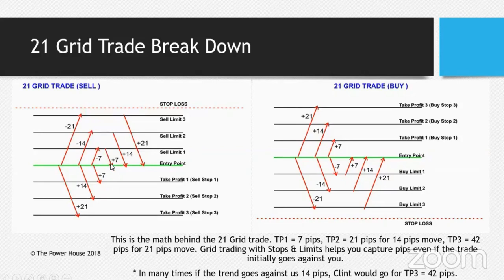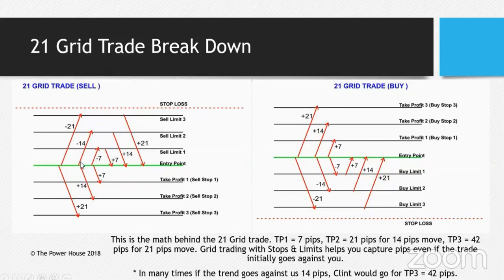Then the original entry becomes 0, breaks even, but it has activated this level of entry, so that would give us 7 pips. So in this case, the trade is going against us 7 pips, but by the time it comes back to break even on the first entry, we already are 7 pips positive because it has activated this second entry.